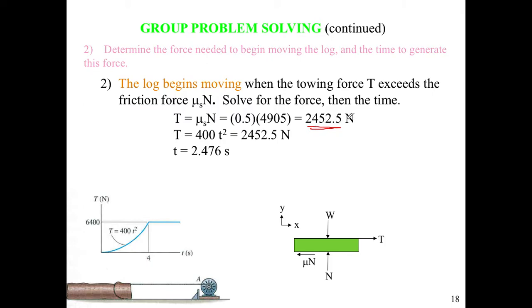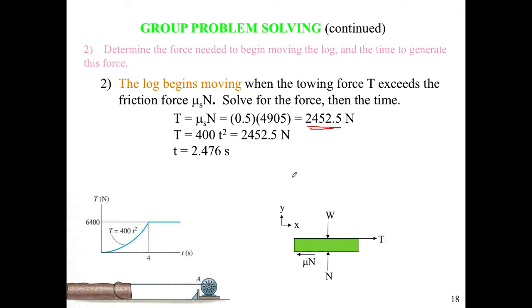2,452 newtons. And I can already see from my graph that the tension goes to a maximum value of 6,400, which means the tension does exceed the friction and will cause the log to start to move. Now let's figure out the time when it starts to move, that is, when the tension exceeds the static friction.